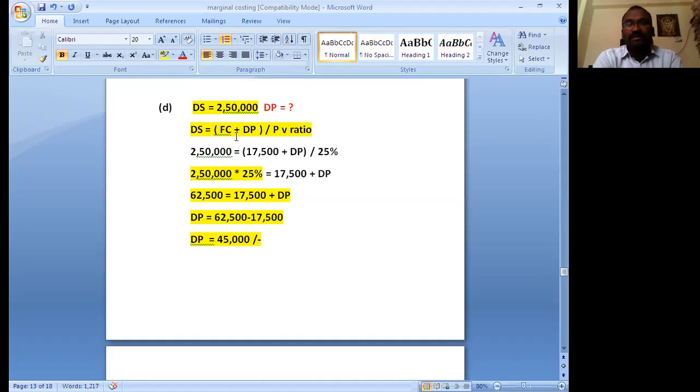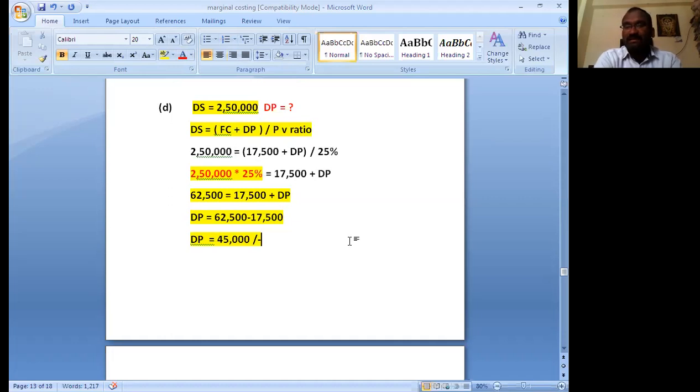For that purpose we use the same formula. Desired sales equals fixed cost plus desired profit divided by PV ratio. You know the desired sales. So desired sales equals fixed cost 17,500 plus DP, since DP is not given, write it as DP, divided by 25%. This 25% comes to the left side, so you multiply 2,50,000 into 25%, and you get 62,500. On the right side is 17,500 plus DP.